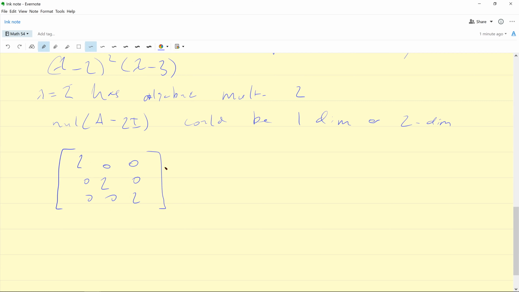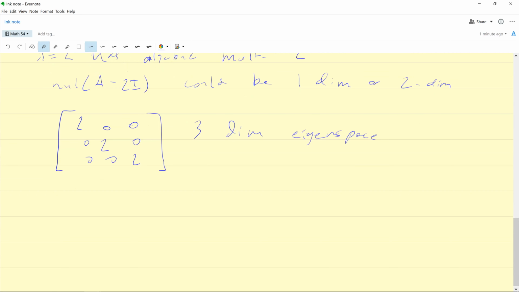This one has a three-dimensional eigenspace because it's going to be all of R3. And I think if you put a 2 here, that should make it two-dimensional now.